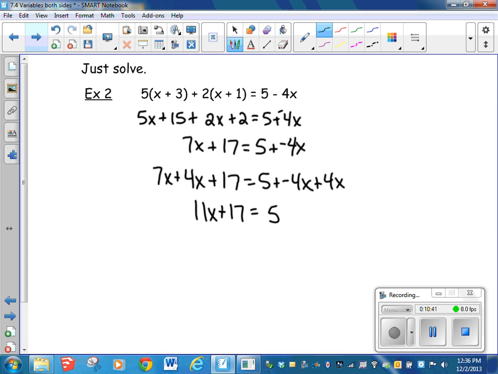What should we do next? What do you think, Melaitis? 11x plus 17 plus negative 17, and then same on the opposite side. Okay, so eliminate that constant by adding the opposite and do it to both sides. What does my equation simplify to now, Mikey? 11x is equal to negative 12.